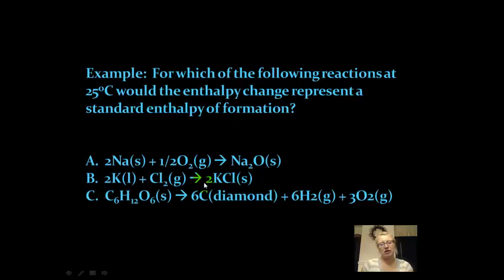This would not be a standard enthalpy of formation. And in the last one, we have 6 moles of carbon, 6 hydrogen, and 3 oxygen, so these are actually the elements in their standard state, and this should be flipped to form sugar. So this one also is not a standard enthalpy of formation. So the only correct answer is answer A.